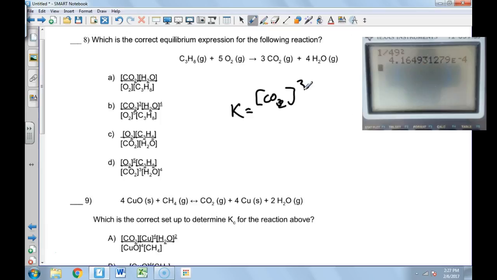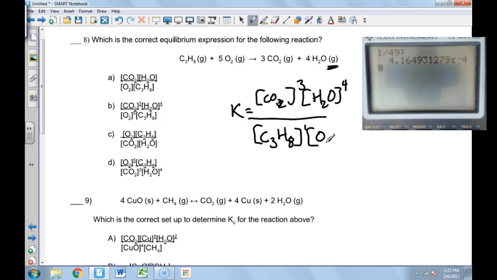CO2 cubed times H2O to the 4th, and that is a gas. Sometimes in some questions it's not a gas, so we have to keep all the gases there. And then, concentration of C3H8 to the 1st, I guess we could write that, and then O2 to the 5th.